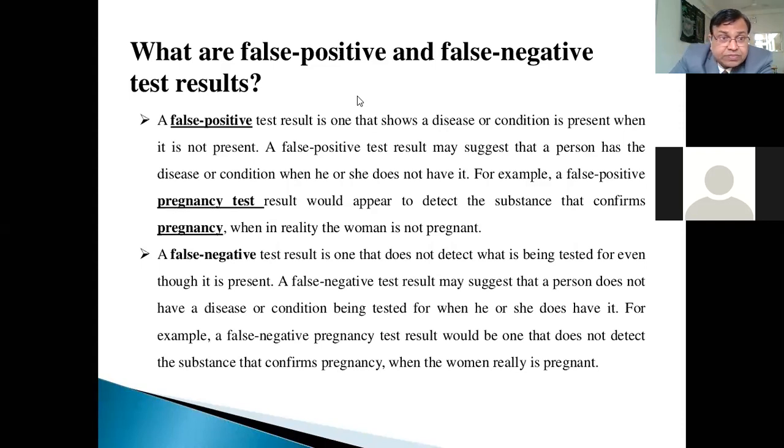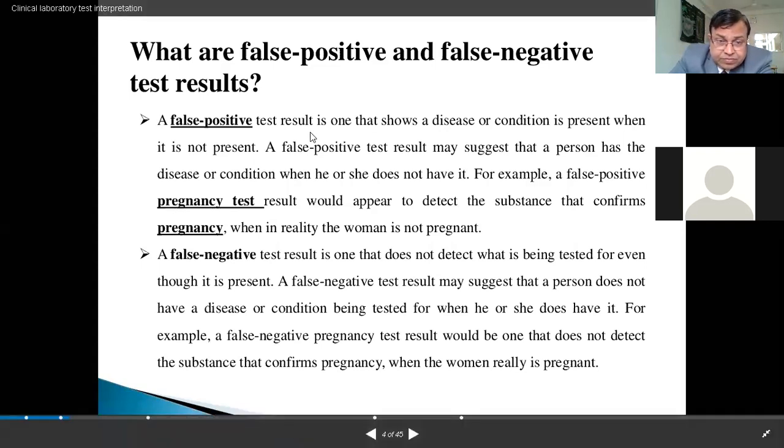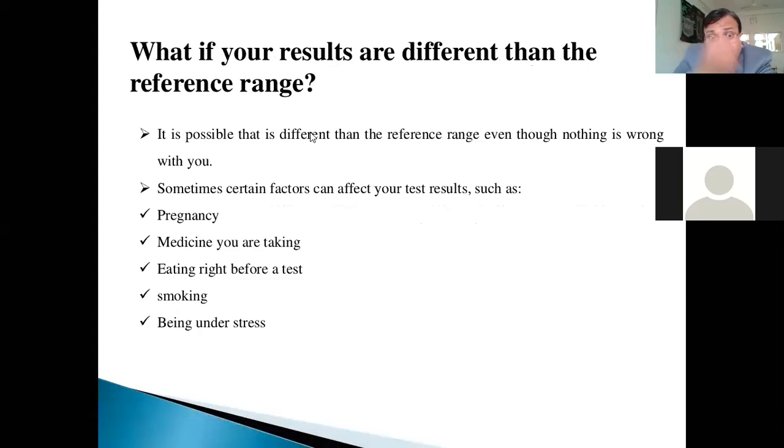Now, next is: what if your results are different from the reference range? It is possible that your result is different from the reference range even though nothing is wrong with you. Sometimes certain factors can affect your test results, such as pregnancy, medicine you are taking, eating right before a test, smoking, or stress conditions.